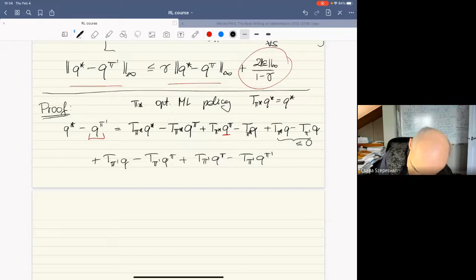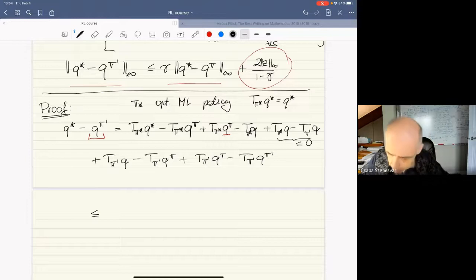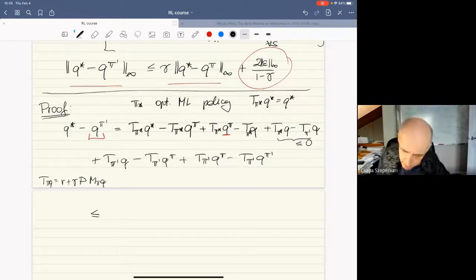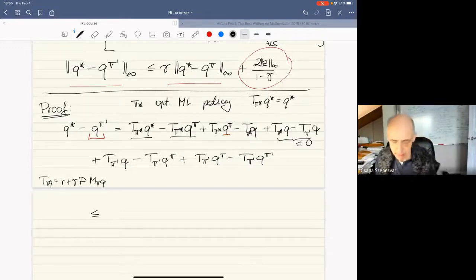Because of the inequality that's up there, and these operators, all of them are linear operators. If you recall, this T of pi was equal to r plus gamma P of pi applied to q. So if you have T of pi applied to some function and T of pi applied to some other function and take the difference between the two, the rewards are going to cancel.